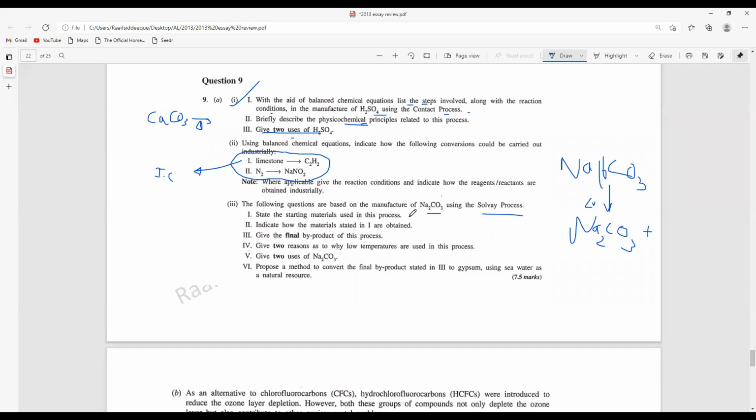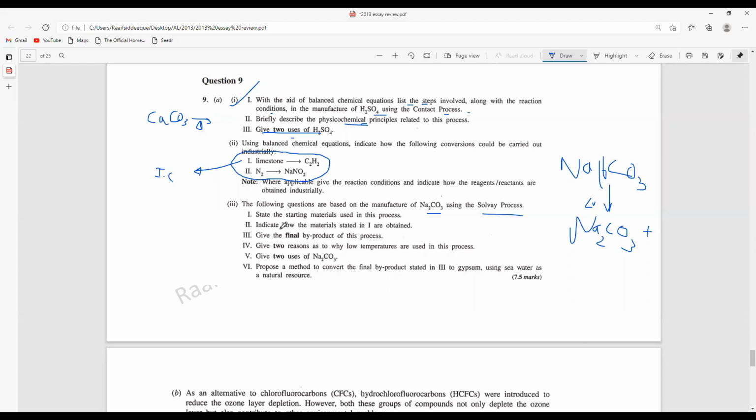So the starting materials, basically we need three. One is the NaCl brine solution. Okay, that is the brine solution. The second one is we use limestone. And the third one is we need to use ammonia. So these three are very important because from limestone we get carbon dioxide, we get ammonia from the Haber process, and we get brine from seawater.